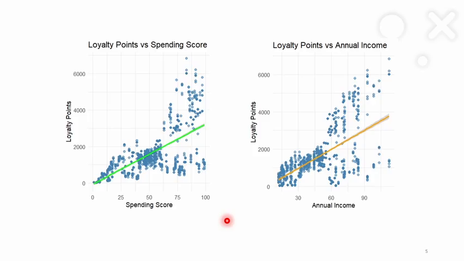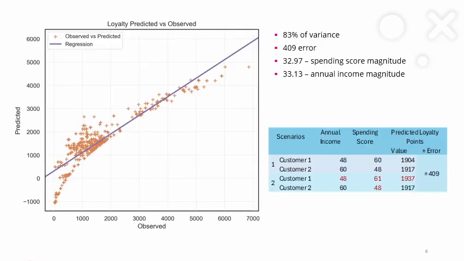In other words, at certain level of spending score and annual income, more loyalty points are assigned to some customers and less to others. On one hand, it serves as a limitation to data analysis, whereas on the other, it suggests additional business insight that we will look into during another type of analysis.